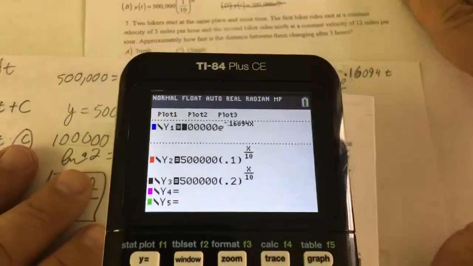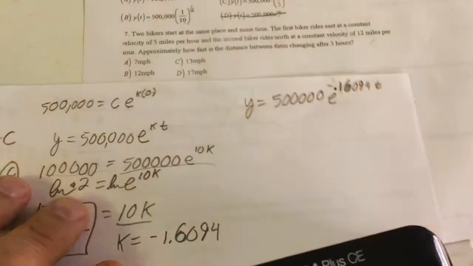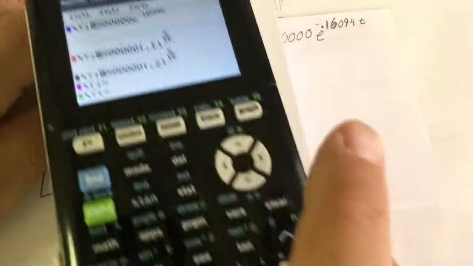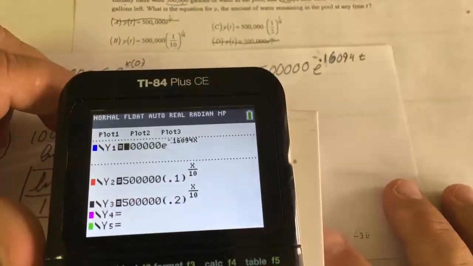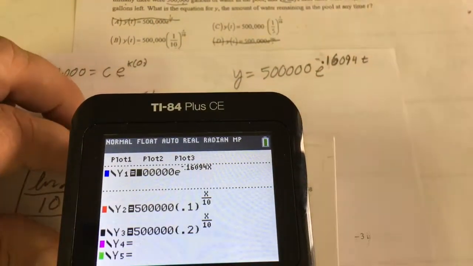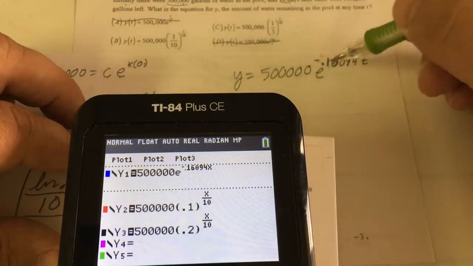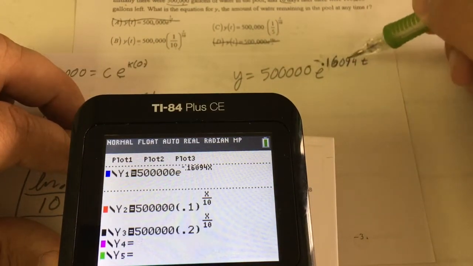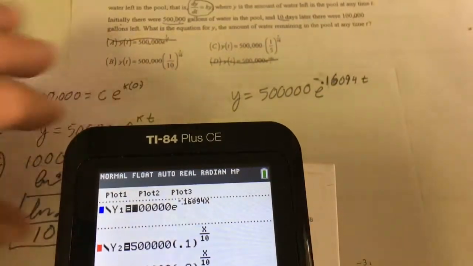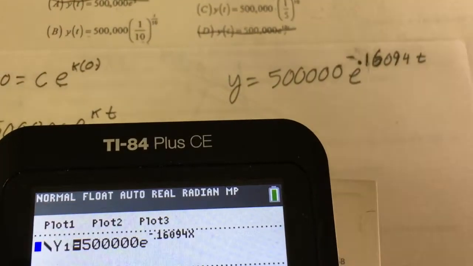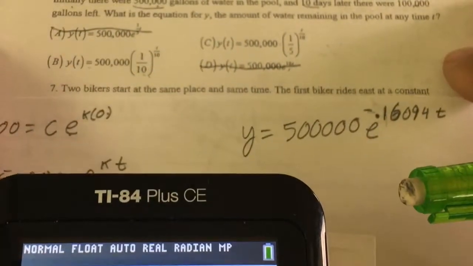So what I'd like to do is graph all three of these. I'm going to graph the one that I derived, which by the way was negative 0.16094, 500,000. And we noticed that that could not be the ones with positive e.